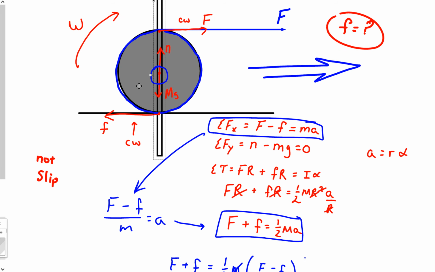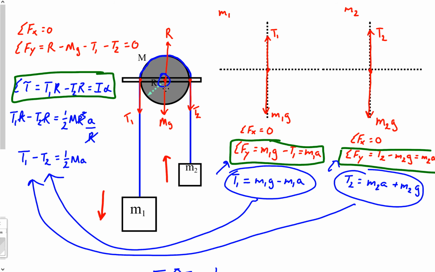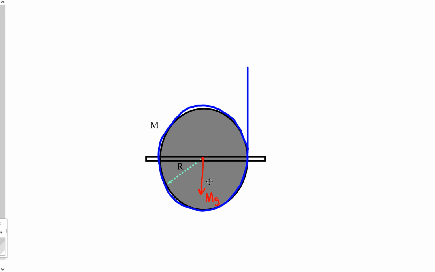In the last video we did, there was a normal force because the cylinder was sitting on the ground. The one before that, it was a cylinder on an incline, so there was a normal force. The one before that, there was a pulley mounted to an axle, and I put a reaction force, an R, in that. But notice something: I'm not going to do that in this problem.